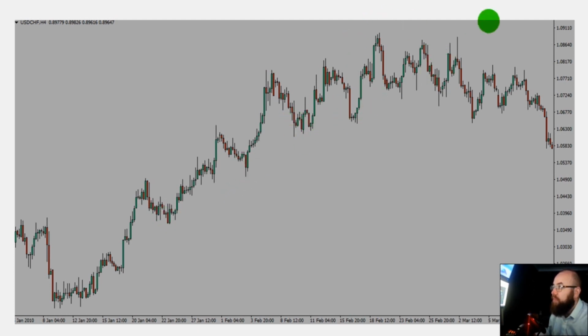But something happens here. So we form a higher swing high, higher swing low. Here is the double top. So we have a resistance area here, double top pattern. And what happens after the double top? Price starts downtrending. Okay, so it marks the end of the uptrend.